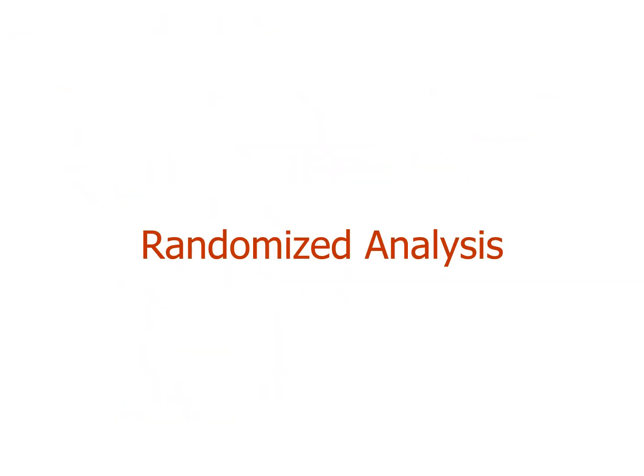What is randomized analysis? It's the analysis of a piece of code that has one step, or more, that involves randomization. So in the algorithm, there will be a randomly generated number, and based on the value of the randomly generated number, we make a decision or use that value to continue on with our algorithm. Not all algorithms will involve randomization.